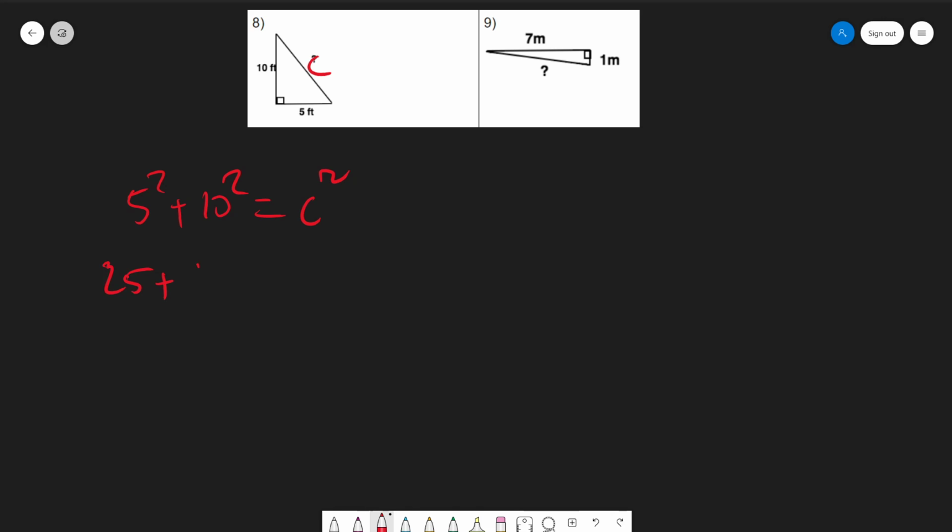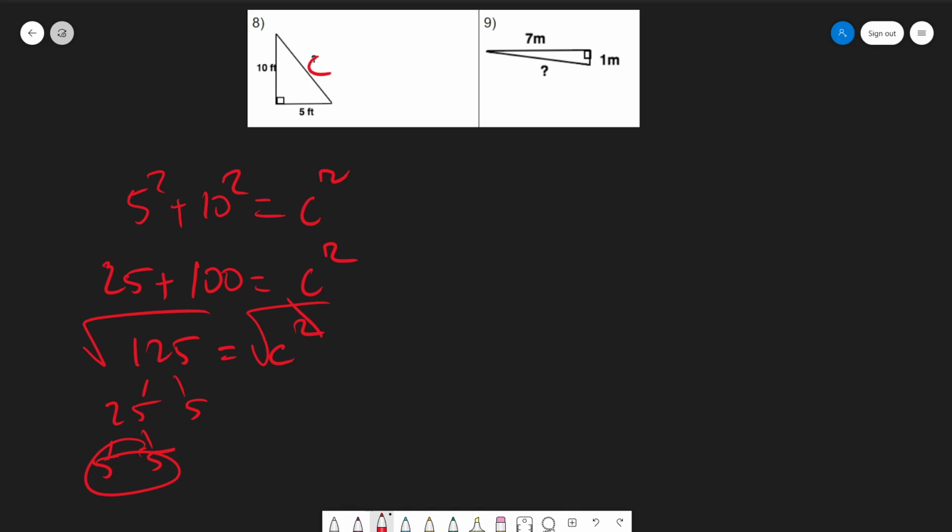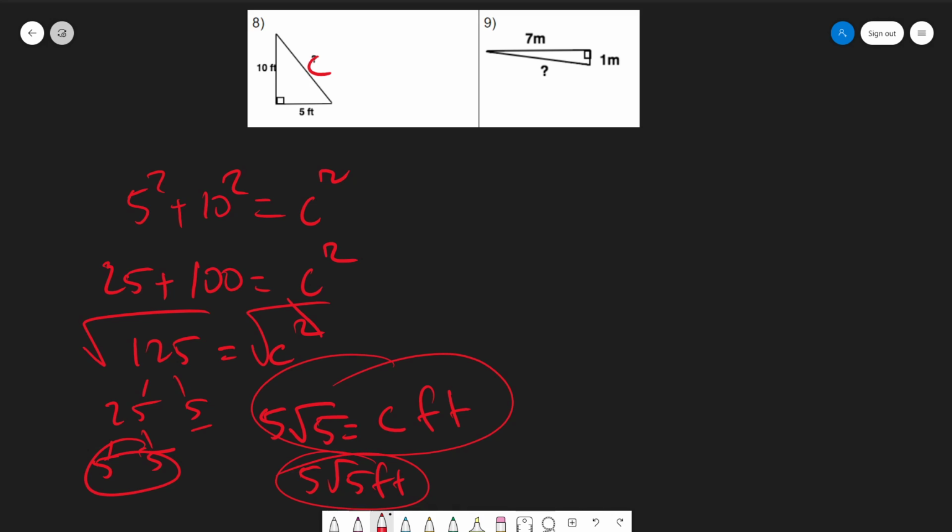So 25, not 10. 100, not 20, is equal to C squared. 125, and then we're going to take the square root of that to get rid of that power of 2. So we got 25 and 5. Looks like we got 3 5s here. So 1 pair of 5s, 1 leftover 5. 5 root 5 is equal to C in feet. 5 root 5 feet is probably more accurate.